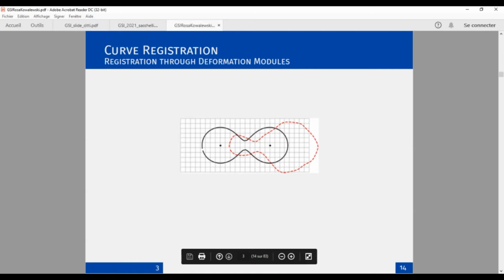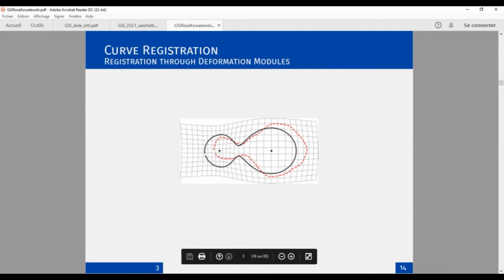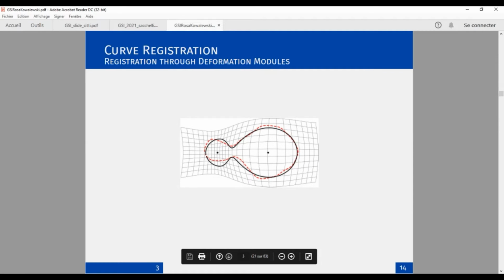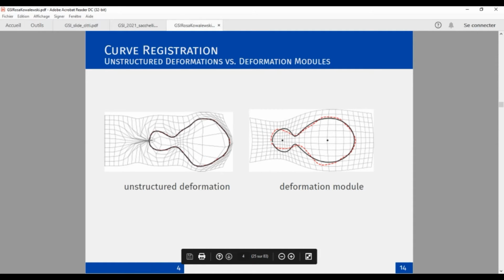Deformation modules provide a vocabulary of structured deformations, for example, local scalings or physically motivated deformations. So for this example, we use two local scalings, which are centered at each dot in this picture, and also a large-scale translation. And then this is how the shape evolves. So here we see a comparison of the two final deformations.